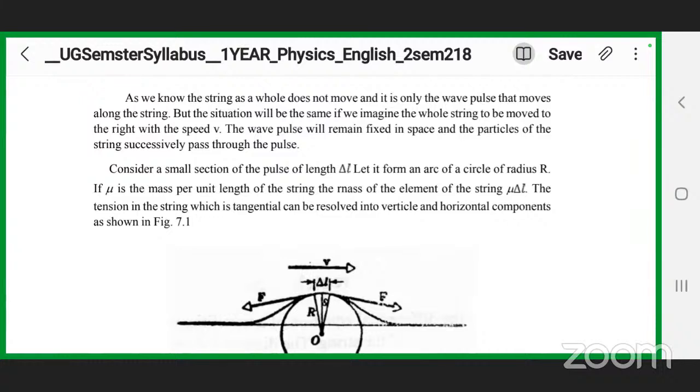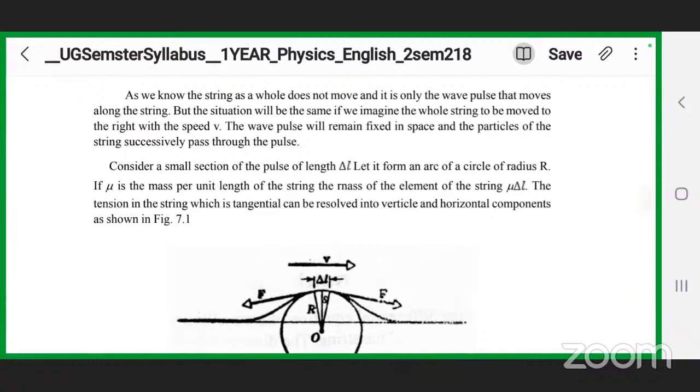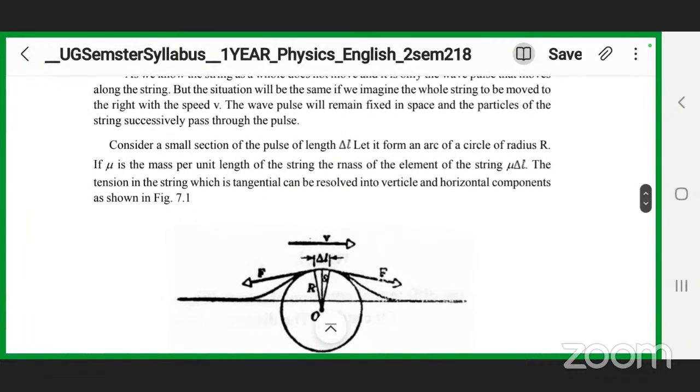Here we imagine the whole string moving to the right with speed v, so the pulse remains fixed in space.